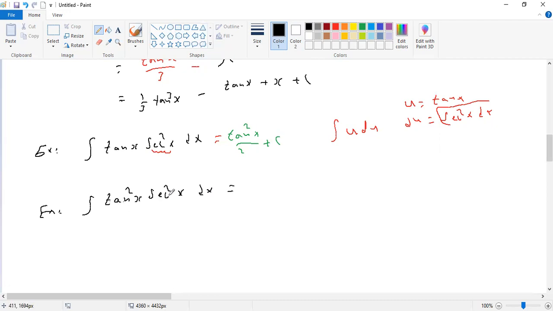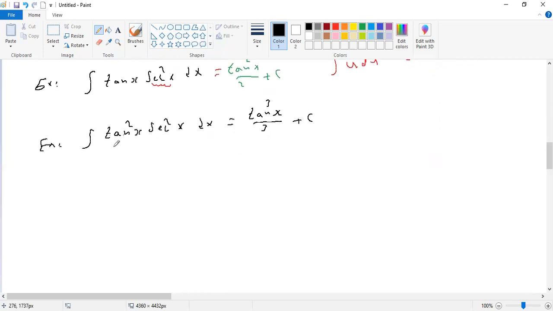The derivative of tan is secant squared, so the answer will be tan to the power n plus 1 over n plus 1 plus c. Why? Because the derivative of tan is secant squared x. So this is the answer.